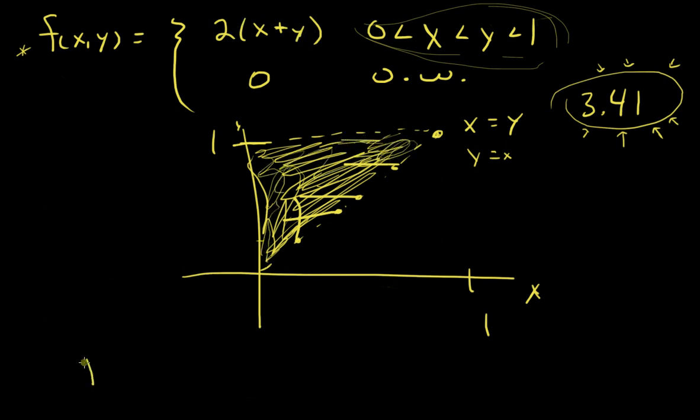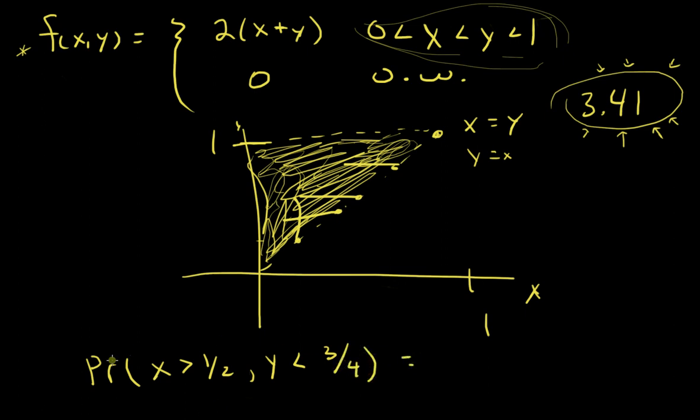All right, so now if someone were to ask us to find the probability, say that x is more than a half. Let me make that a joint probability. X is more than a half, and y is less than 3/4.